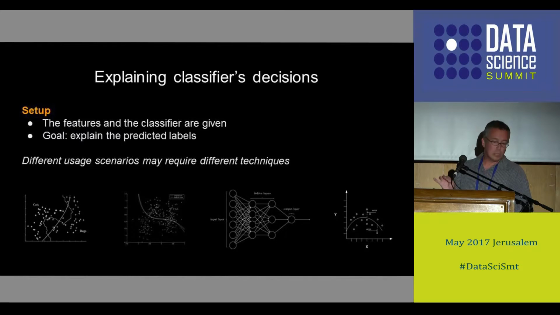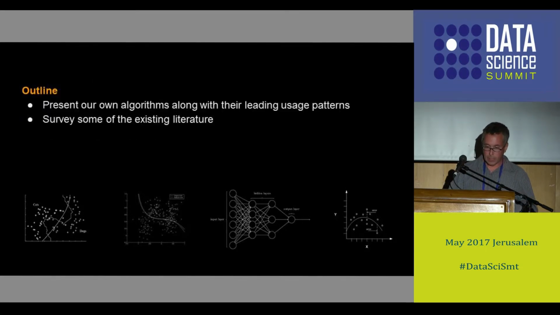Now, my own personal view here is that there are many reasons to do so. There are many usage scenarios, and different usage scenarios may require different explanation techniques, or even combinations of explanation techniques. So what I'm going to do is first present our own algorithms along with their leading usage patterns, and according to the time, I will survey some of the existing emerging literature on the topic.